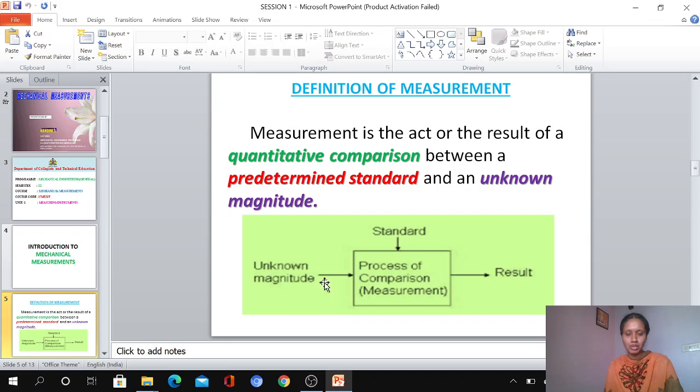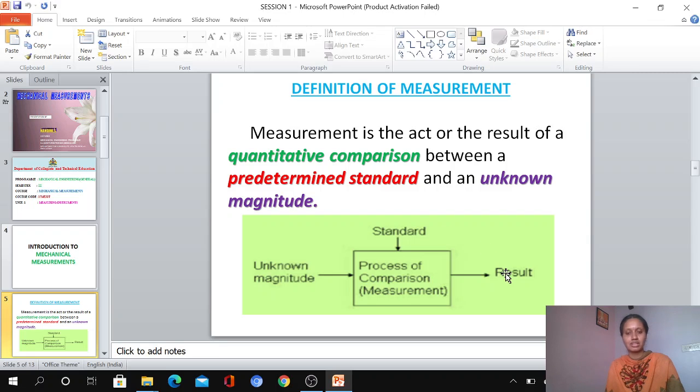The unknown magnitude may be a mass, time, length, velocity, acceleration, speed, strain, pressure, force, etc. Unknown means we don't know that quantity. Okay, we don't know that amount. So that unknown magnitude will be compared with the standard. After quantitative comparison between unknown magnitude and standard, we get the result.